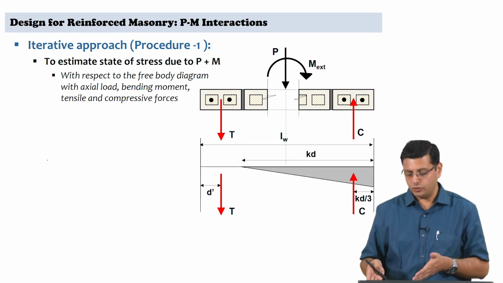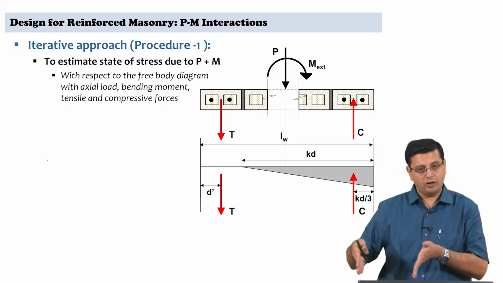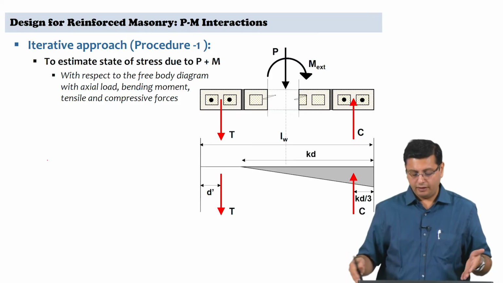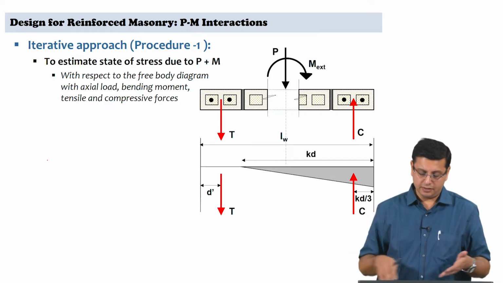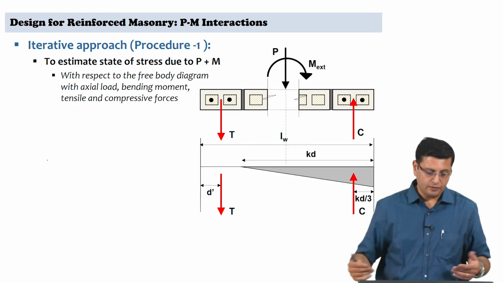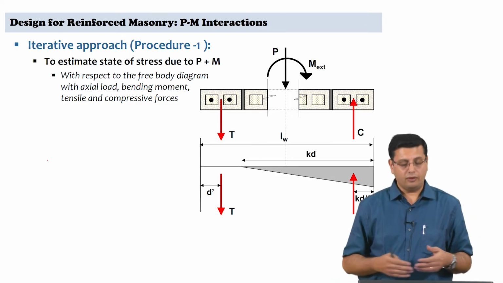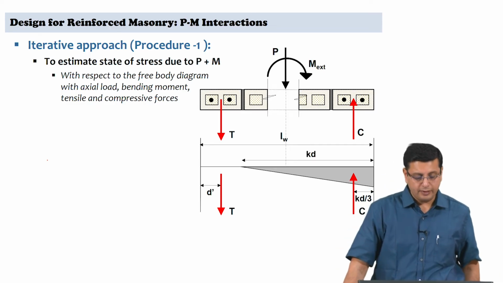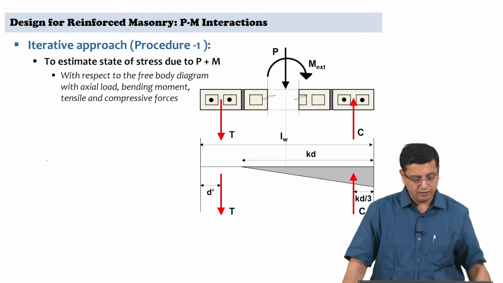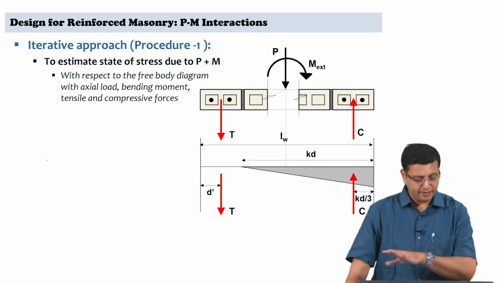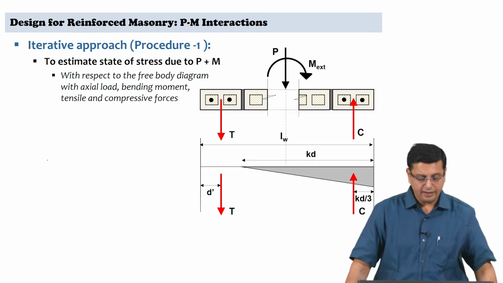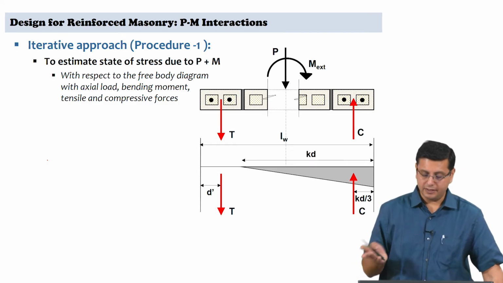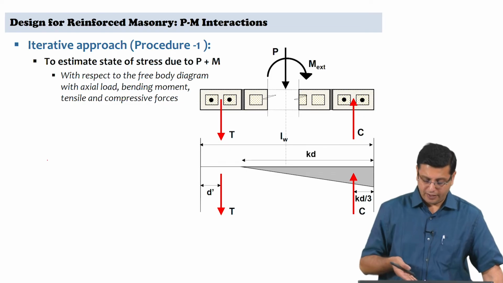Now, what you really need to establish is kd, the depth of the neutral axis, and this is still in the working stress approach, and therefore the triangular distribution of stresses is what we are going to base these calculations on. So, you have the free body diagram at the bottom, and then you have the bending moment and the axial forces, the tensile and compressive forces that we will have to estimate.